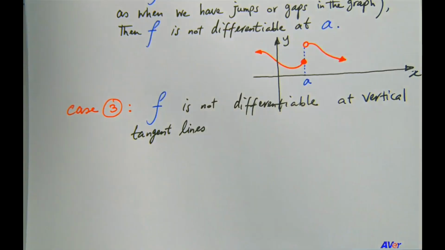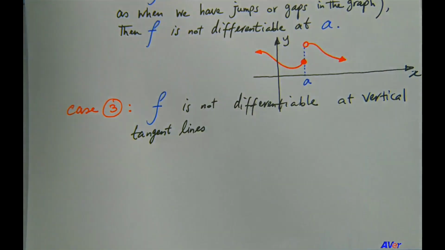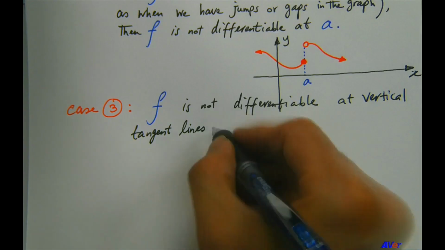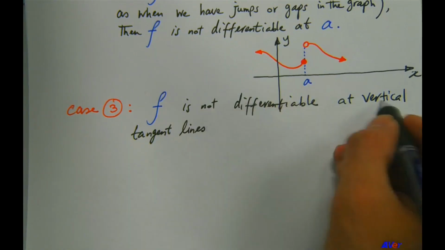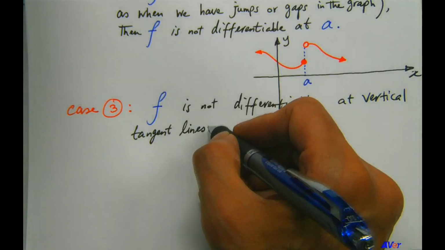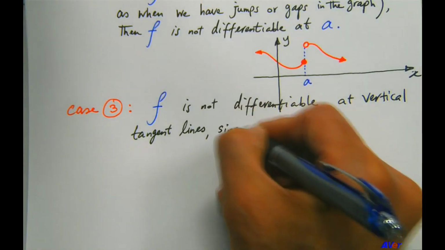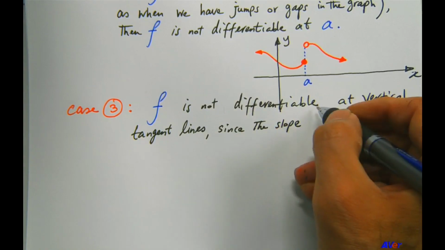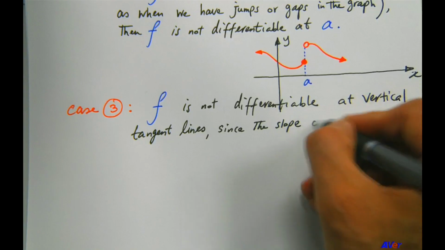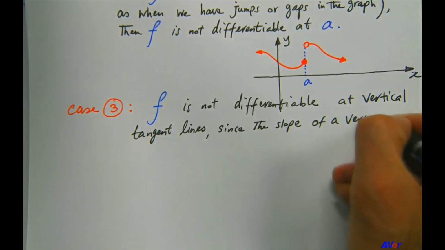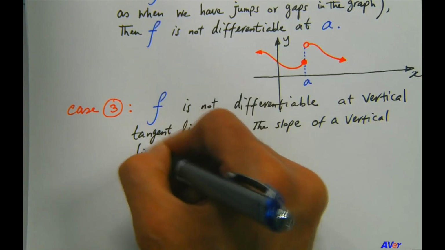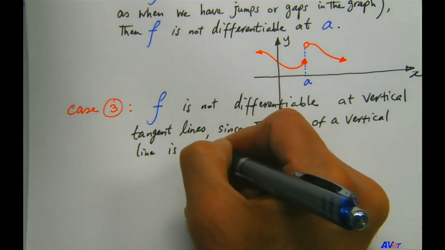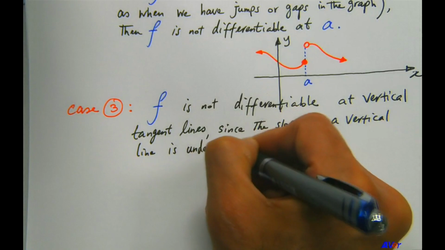Wherever the tangent line to the curve, to the function is a vertical line, then at that point the function is not differentiable. That's what this is saying. It's not differentiable at vertical tangent lines, since the slope of a vertical line, of course, does not exist. Vertical line is undefined, right? Undefined, or it doesn't exist.